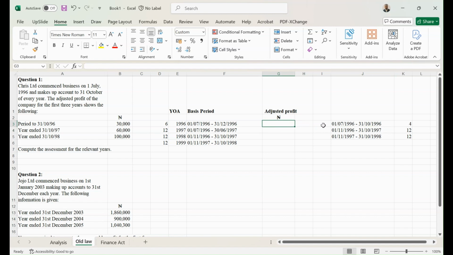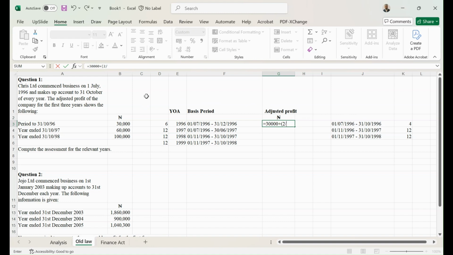So the first 4 months profit is going to be 30,000. So we're going to calculate it: 30,000 plus the other 2 months that we can find in this 60,000. Remember, I can find November and December here.